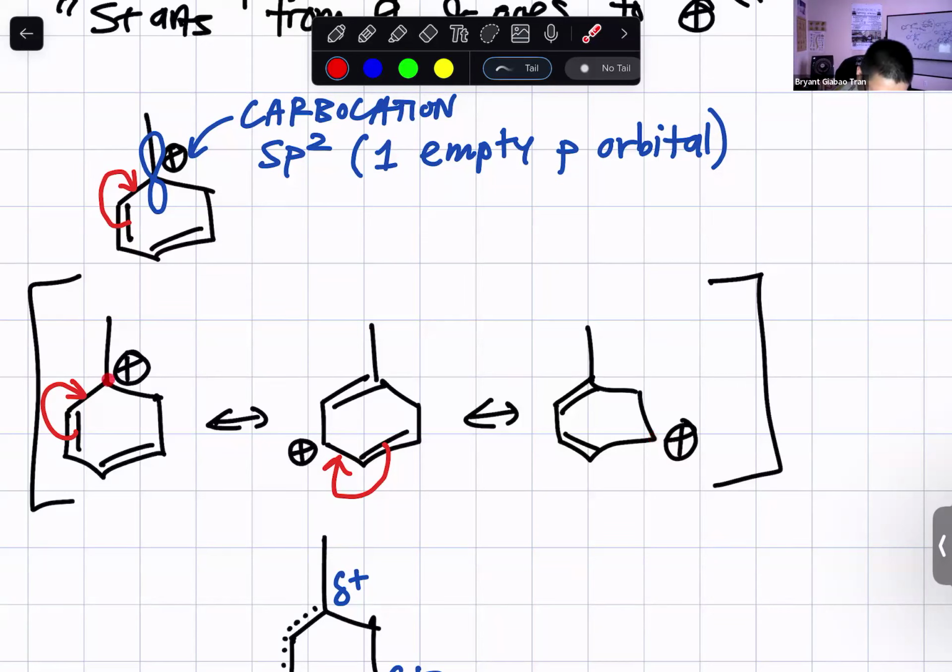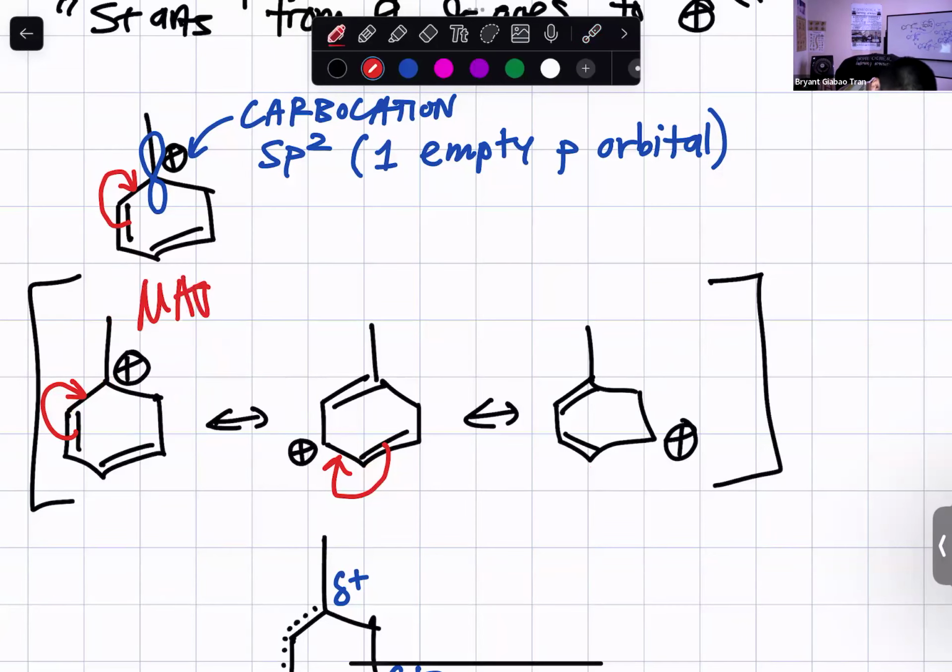The first one right here, this one? Yeah, because this is a tertiary carbocation. This carbocation right here is attached to 3 other carbons. 1, 2, 3, right? Whereas the other ones are attached to 2 other carbons. 1, 2, 1, 2. So this is our major resonance structure here because it has the more stable carbocation.